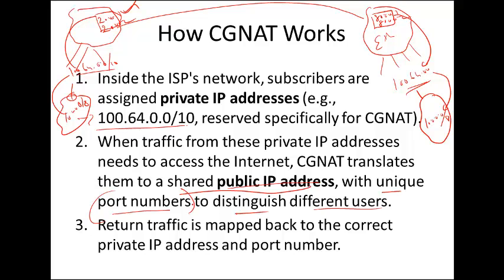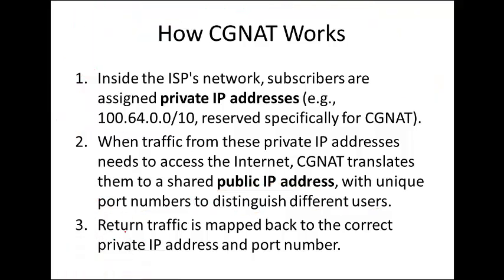In CGNAT, how do I know the customer called Raj and the customer called Rahul are different? Their IP addresses are the same. Maybe they both have got the IP address 100.64.0.1, but the port number for one is maybe 5555. For the other guy, it is 6666.